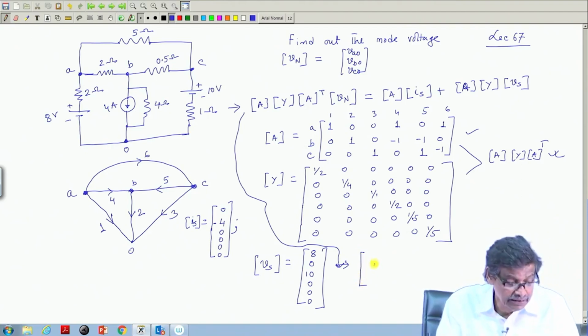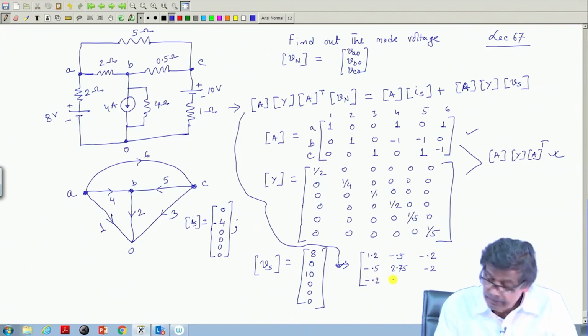It will look like 1.2, minus 0.5, minus 0.2, then minus 0.5, 2.75, minus 2, and minus 0.2, minus 2, 3.2.